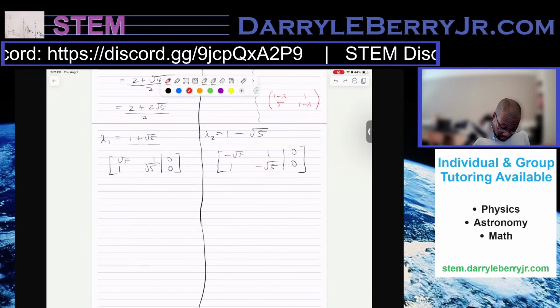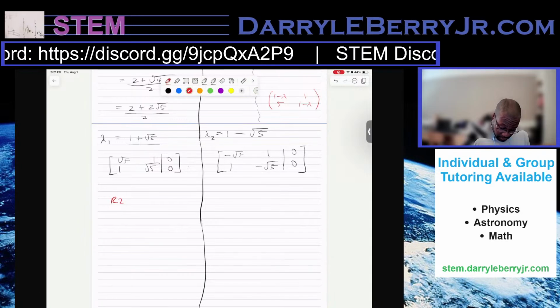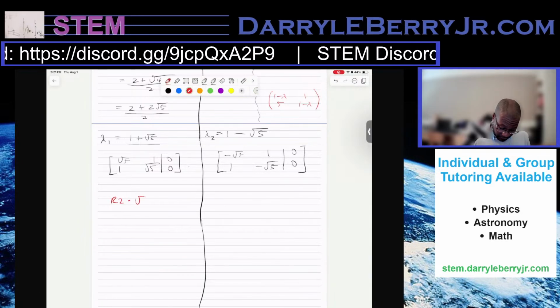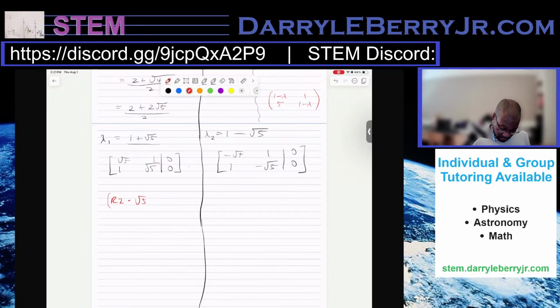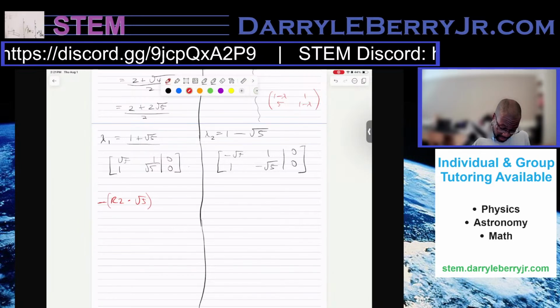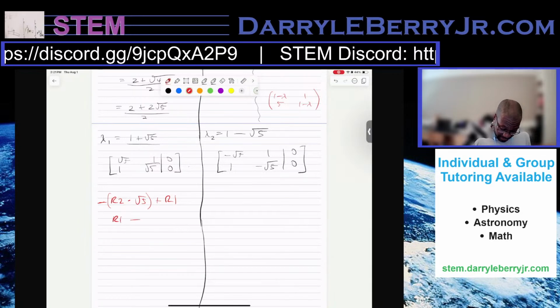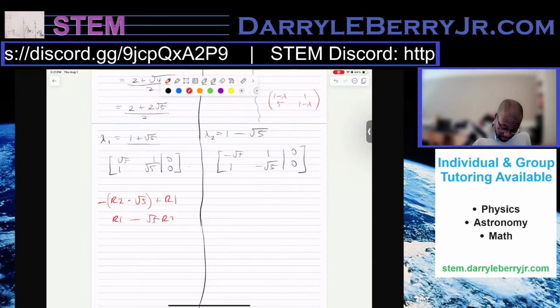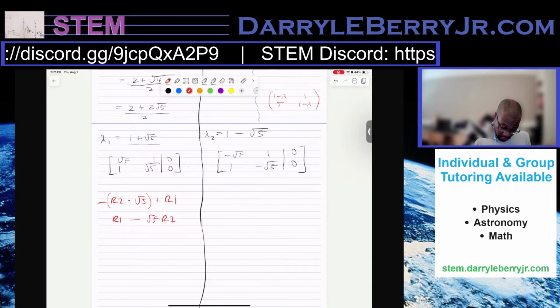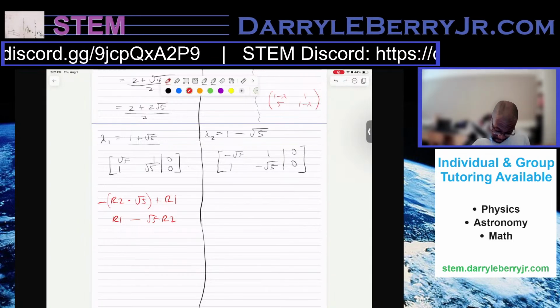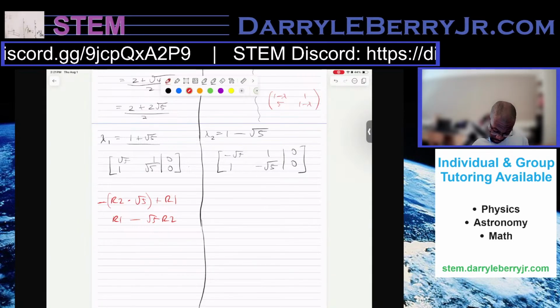So we can say row 2 times square root of 5 minus that plus row 1. So basically row 1 minus square root of 5 row 2. So that means that's going to zero out, but oh yeah.